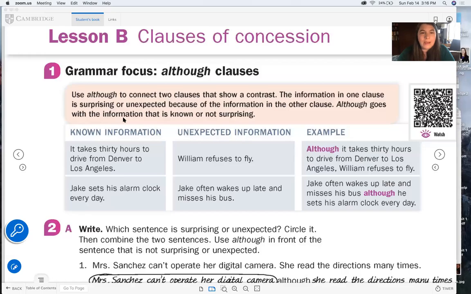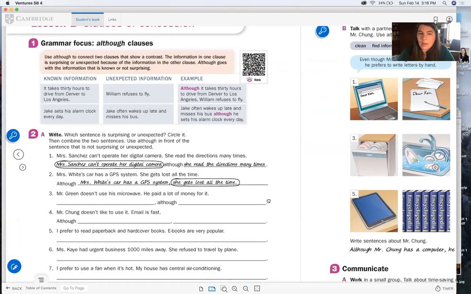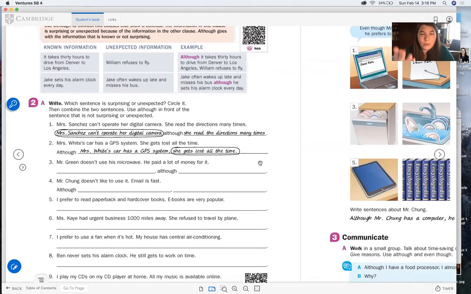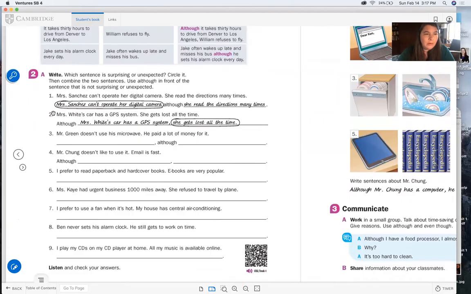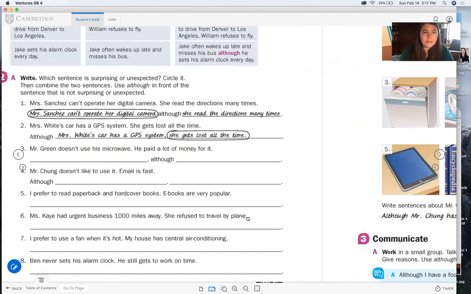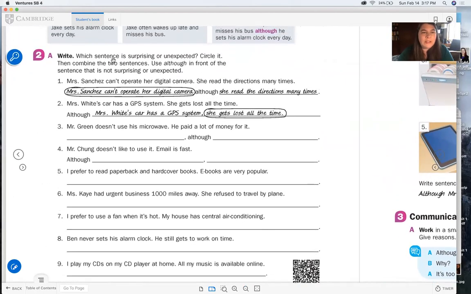Okay, we're going to look at some examples here, and I want you to take out your notebook, take out a piece of paper. I don't need to practice these, you do. So please take out your notebook or piece of paper and write 1 through 9 here. We are going to look at these sentences. It says, which sentence is surprising or unexpected? So circle the part that is the surprising part.